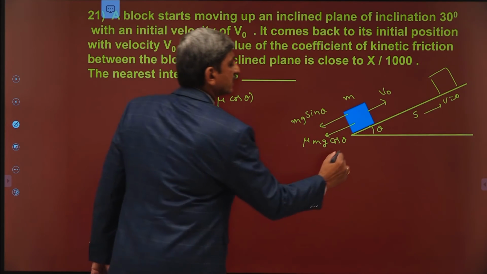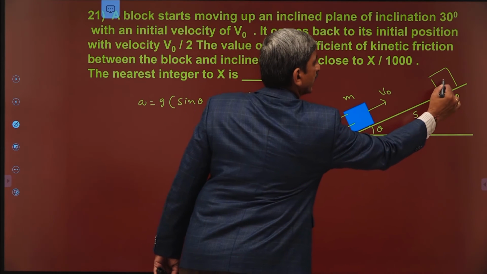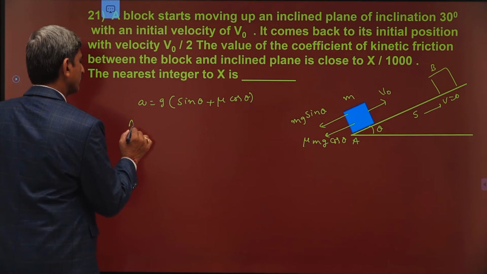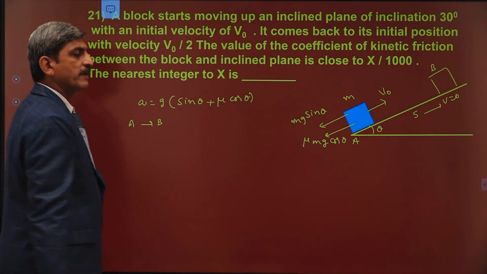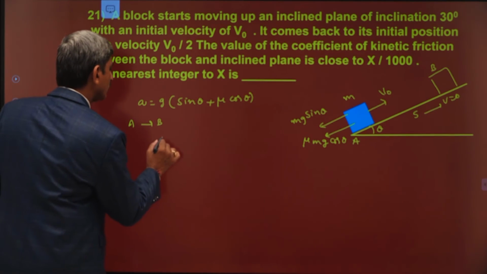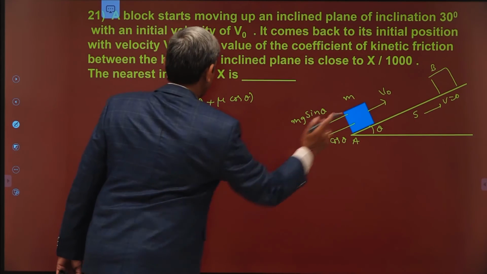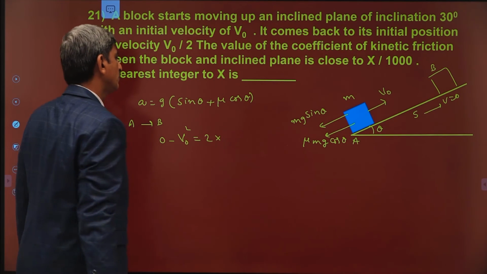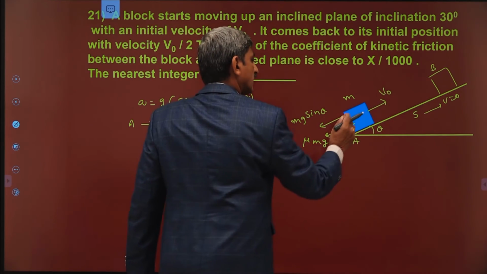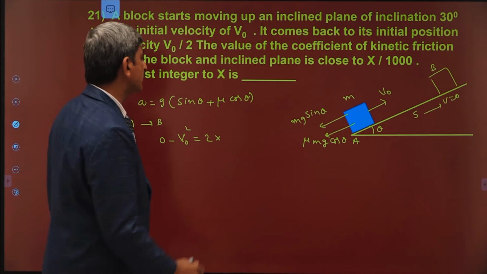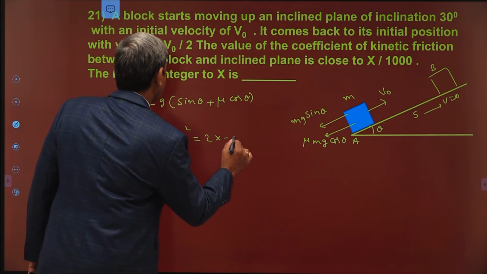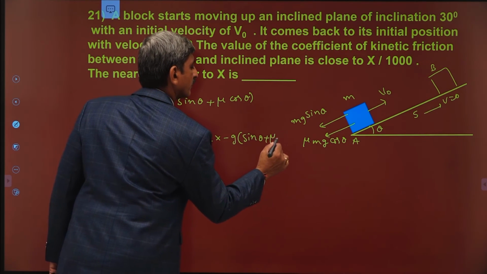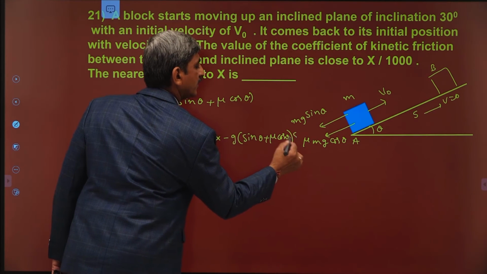Now, by applying the formula v square minus u square is equal to 2as between the points A and B, we have 0 minus v0 square is equal to 2 into, here the body is moving upwards and the forces are acting downwards, so the body has a deceleration, minus g of sin theta plus mu cos theta, into s.